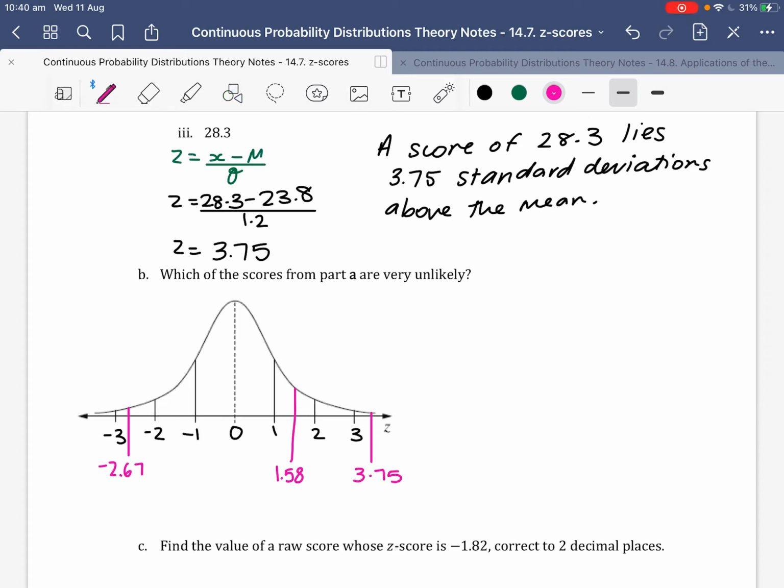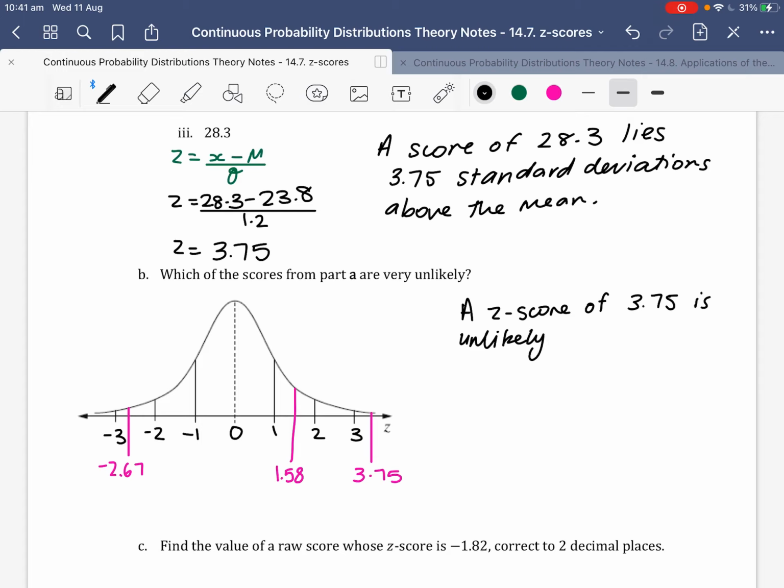So the score that's very unlikely is the z-score of 3.75 because it's actually outside 3 standard deviations of the mean. Generally all the scores are quite closely grouped together, generally between minus 3 and 3, and the closer to the mean they are, the more likely they are.